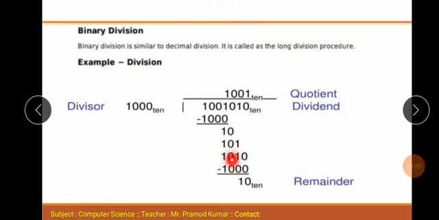Then you find 1010, then you take 1 times. After 1 times 1000 and subtracting it, you find 0 minus 0, 0, 1 minus 0, 1, 0 minus 0, 0, 1 minus 1, 1. Find remainder 10 and quotient this one.